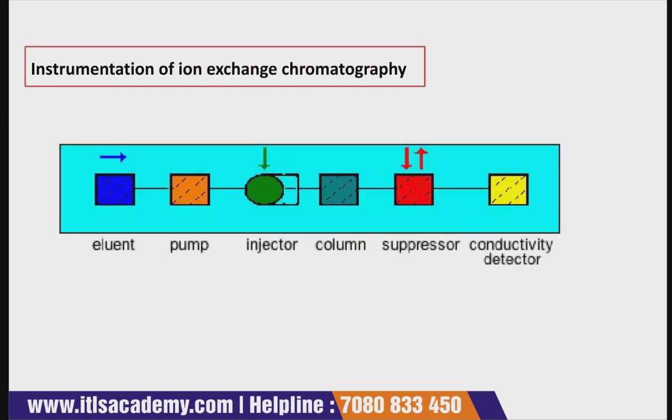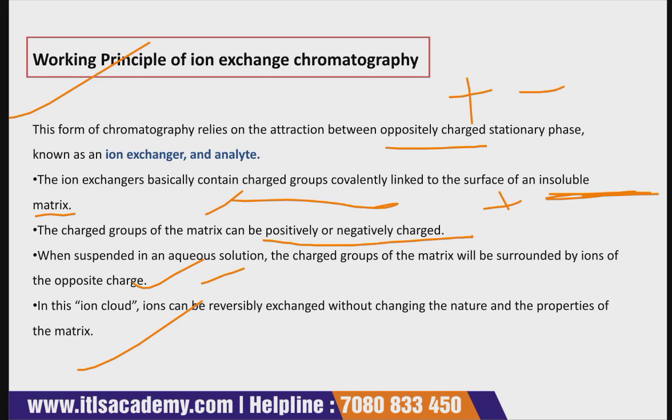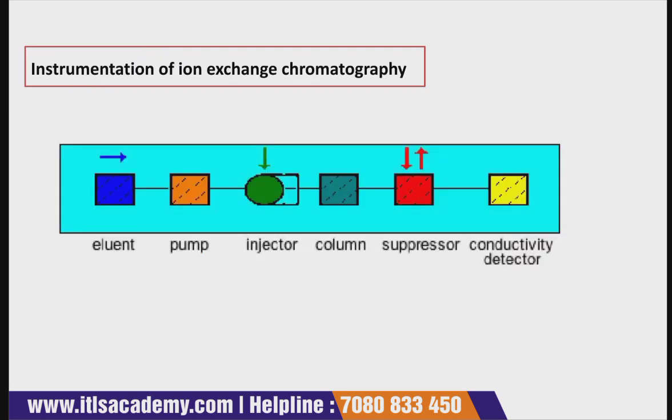Now this is the instrumentation of ion exchange that we have studied. Now what is the working principle? These are the instruments, or you can say parts, of ion exchange chromatography.